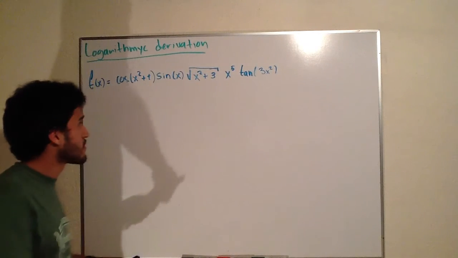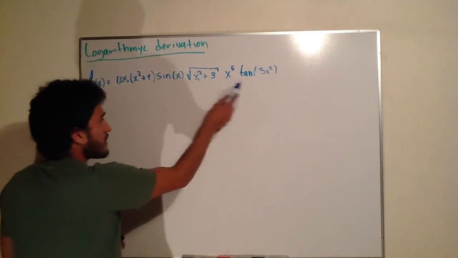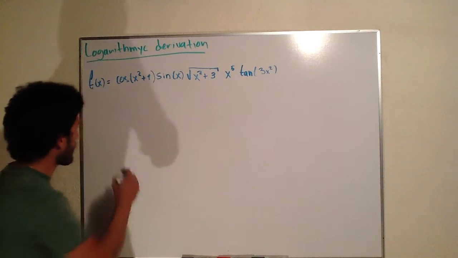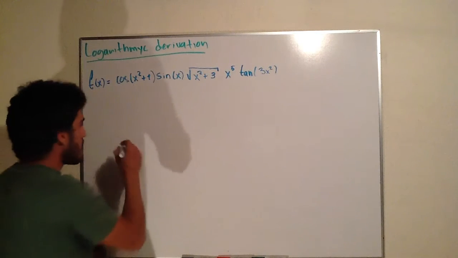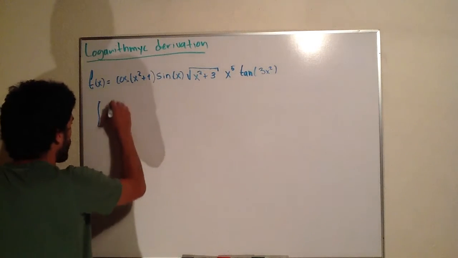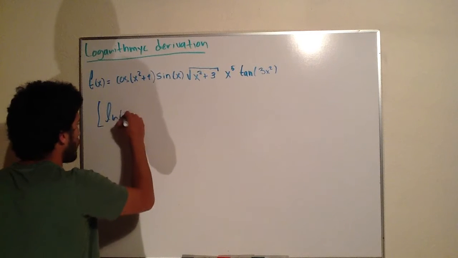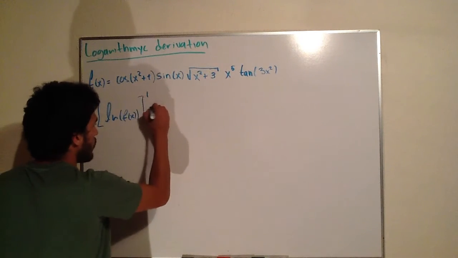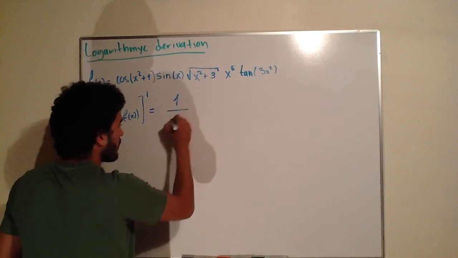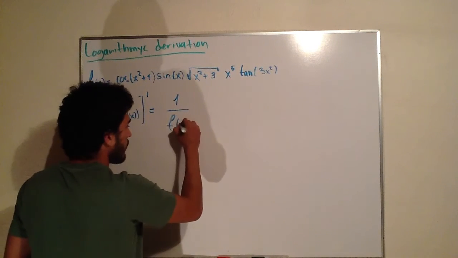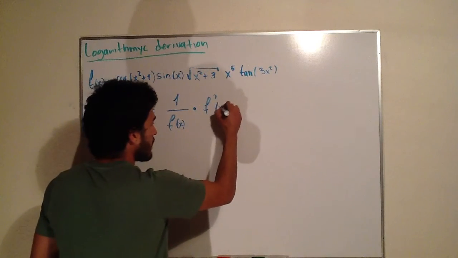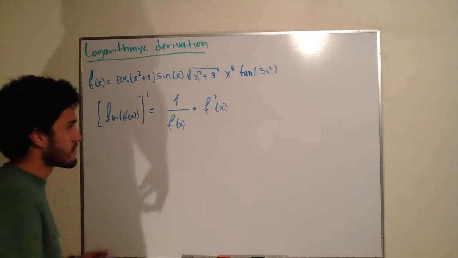that is used to take the derivatives of a function that, as we can see, has lots of products, and then we are going to see it. So first of all, we need to know that the derivative of a function inside of a natural logarithm will be 1 divided by the function, and then by the chain rule multiplied by the derivative of the function.